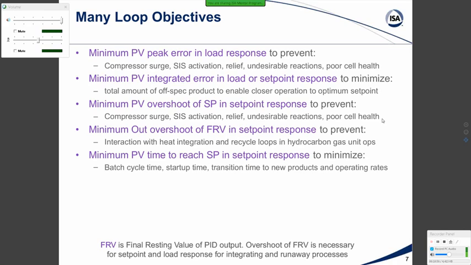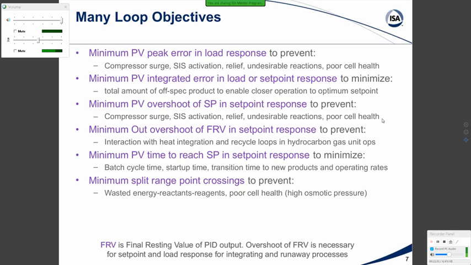We want to minimize the time to reach set point if we want to minimize batch cycle time, startup time, and transition time to new products and new operating rates. We want to minimize split range processing. This is not well understood, but it's the point of greatest discontinuity, highest stiction in valves, and usually the highest nonlinearity in the valve gain.